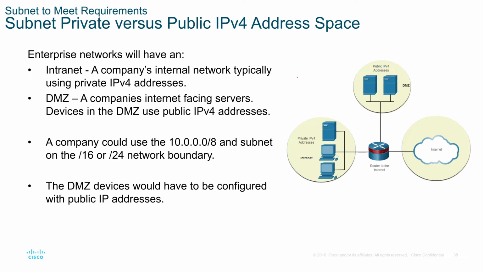The DMZ devices would have to be configured with a public address, or we would also use natting to give them a fixed address that the outside community on the internet could find.